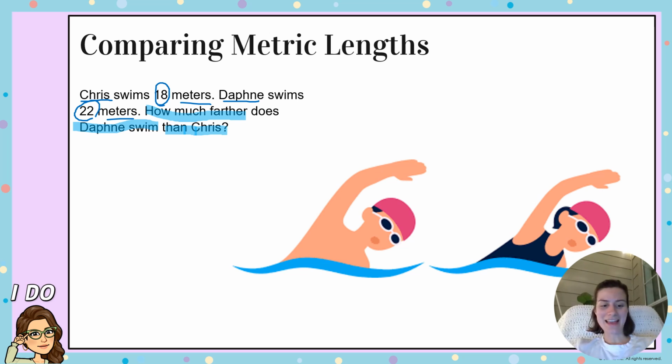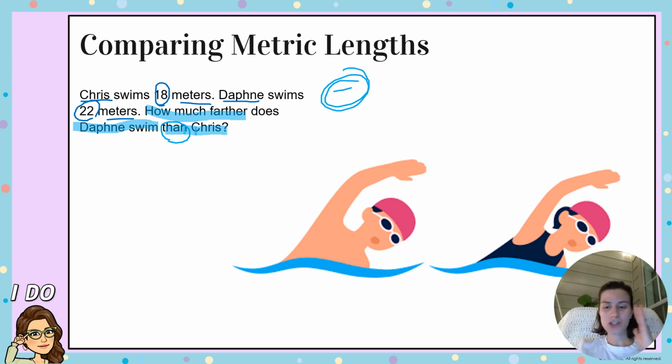Again, I'm seeing that word than. When I see that word than, and I have two amounts that I'm comparing, I know that I'm trying to find the difference between the two, which means I'm going to need to subtract. Okay, just so I remember.